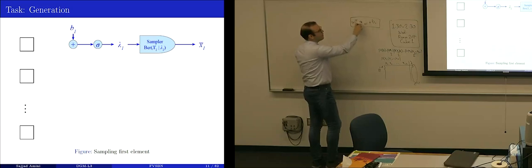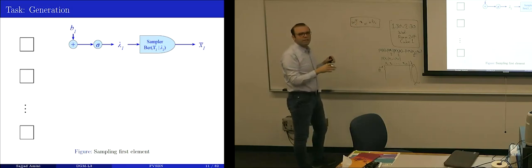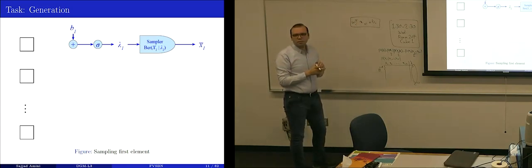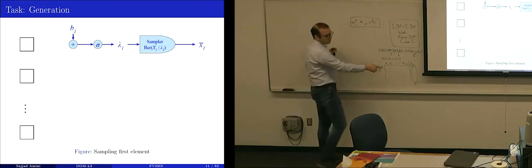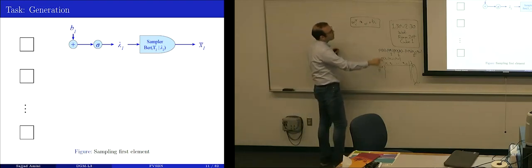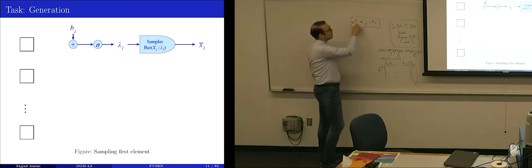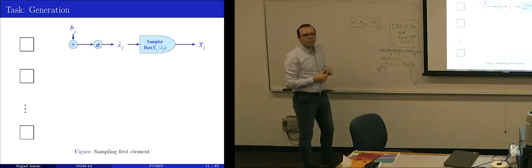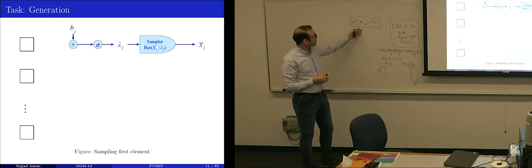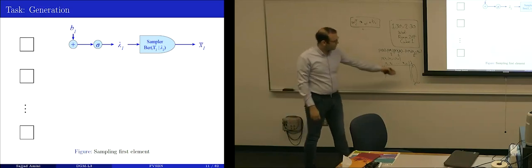Independent of the value in the condition, you apply this rule and generate the parameter for your Bernoulli distribution. So your number of parameters changes from 2 to the power of i minus 1 to i, because you have i minus 1 parameters here and 1 parameter here, totally i parameters. This really simplifies. For small values of i, they may not be very different, but for large values, they are completely different because this is linear, this is exponential.